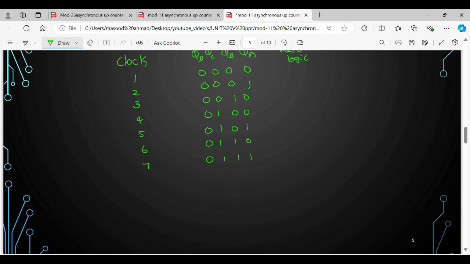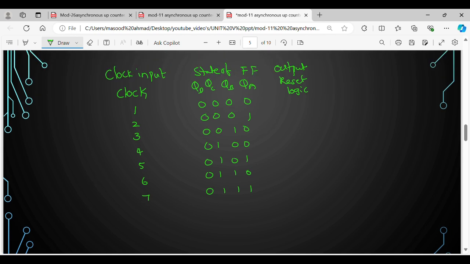For all these, what is the reset? Should we do the reset? No, we don't require it. We are not supposed to do reset. So what is the clear value? The clear value should be 1, 1, 1, 1, 1, 1 and 1. For the 8th clock pulse, 1 0 0 0, still we are not trying to reset.